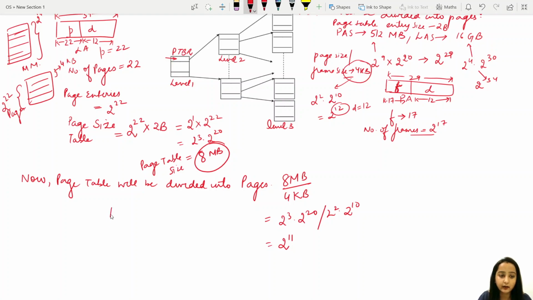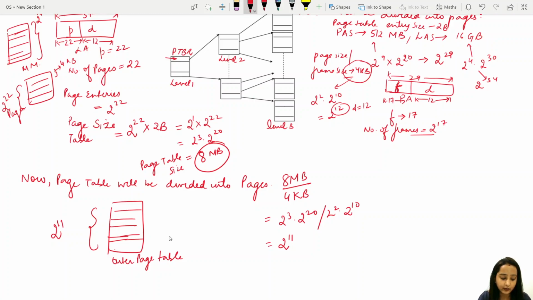So if I talk about the outer page table, this is the outer page table, level 1. How many entries will the outer page table have? 2 raised to power 11 entries will be there.